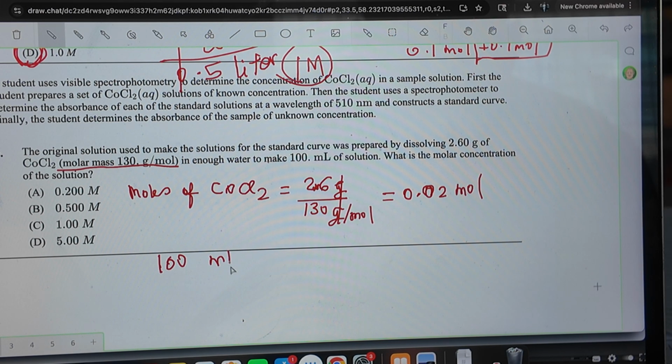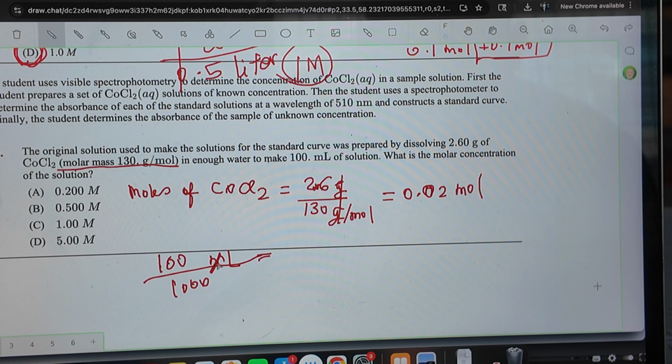Milli means 1,000, right? So 100 over 1,000 is 0.1. So it's 0.1 liters.